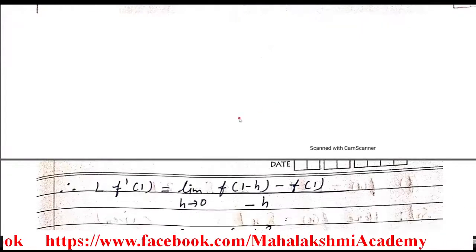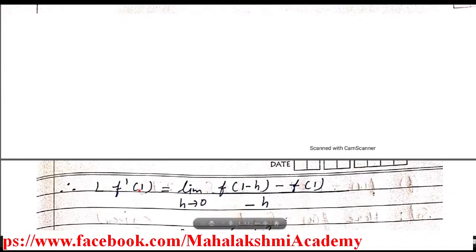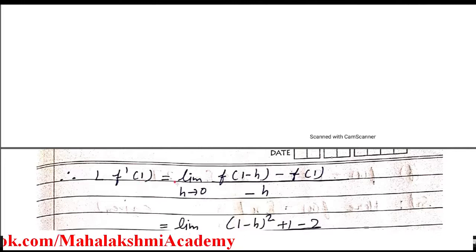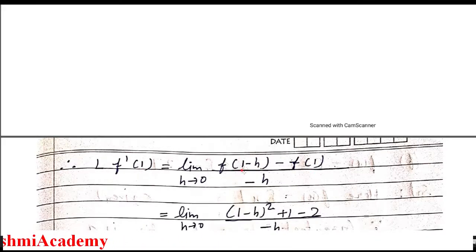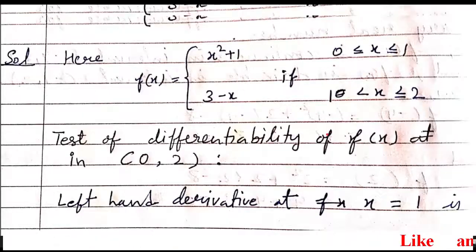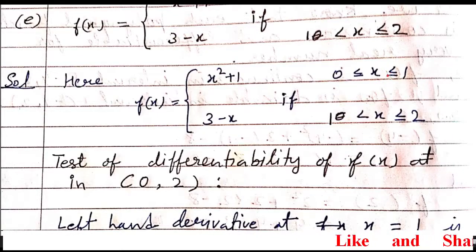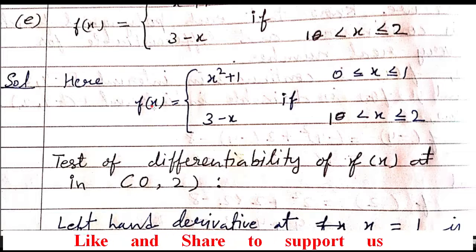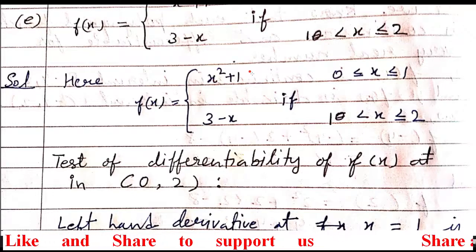Now we are going to find its value. We assume x is equal to 1, so wherever x is there, replace it by 1. So we have f(1 minus h) and f(1). 1 minus h means a little bit less than 1. When x is less than or equal to 1, we have to use the function x square plus 1.